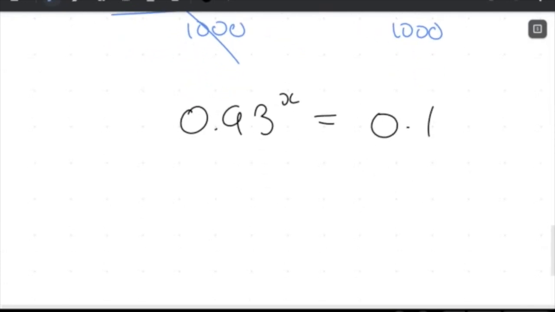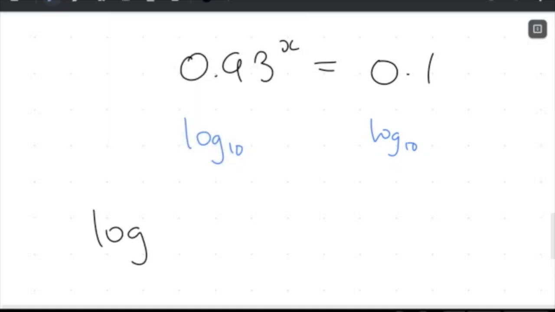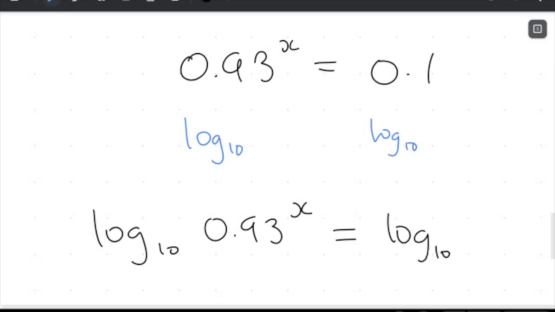So what we're going to do once again is take the log to the base 10 of both sides. So here on the left hand side I have log to the base 10 of 0.93 to the power of x equals log to the base 10 of 0.1.